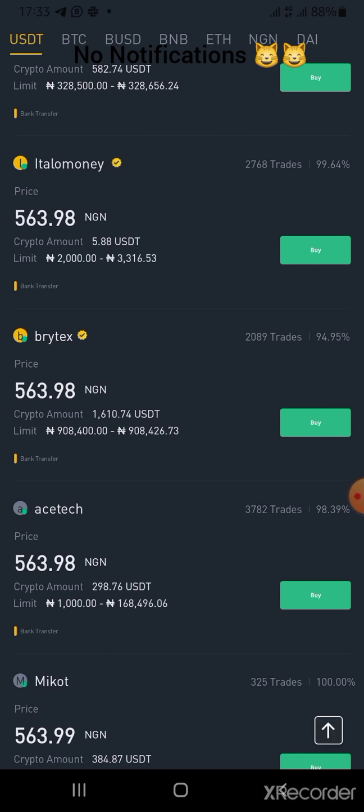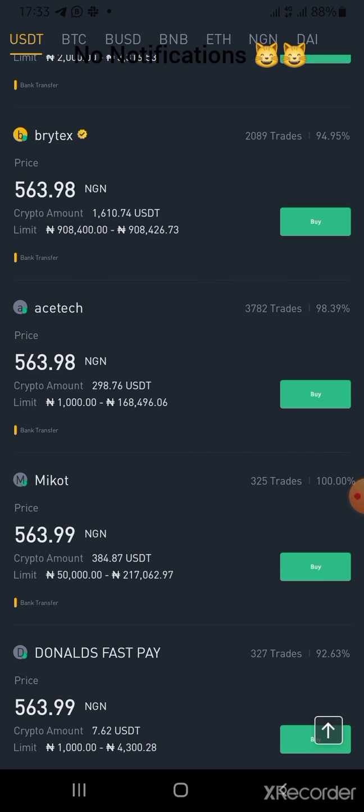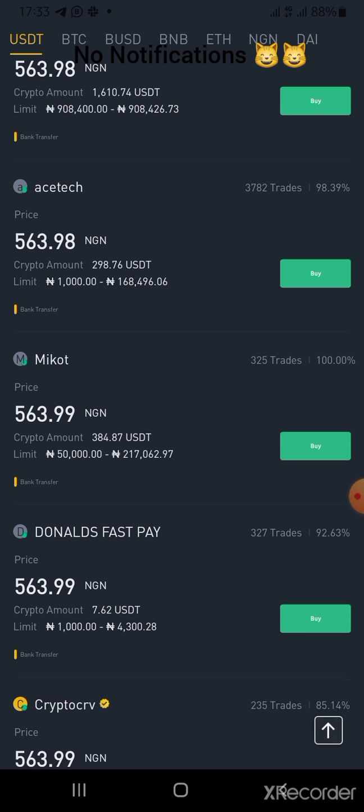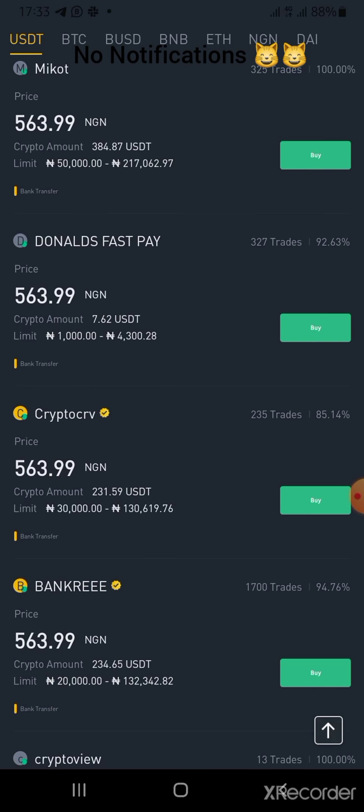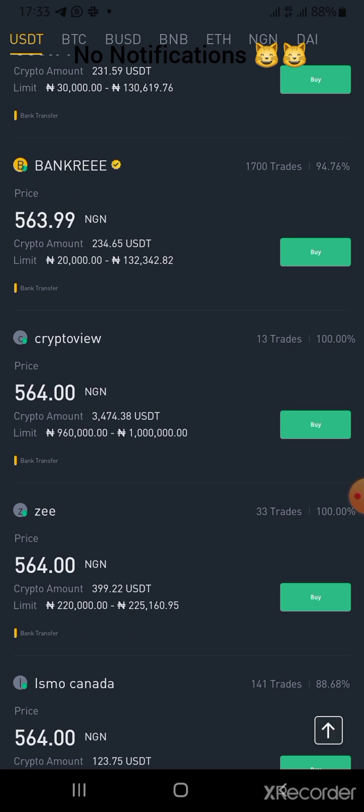So just so that you don't put yourself and the person you're trading with in trouble, whether you're using your bank app or your USSD code, or whatever you're using to make this transaction, when you're asked to put in the narration or the description for the transaction, please don't write anything crypto related. Don't write Binance, don't write crypto, don't write blockchain, because your account is going to be flagged, and the account of the person you are sending money to is going to be flagged. So just be careful, you have to be guided.